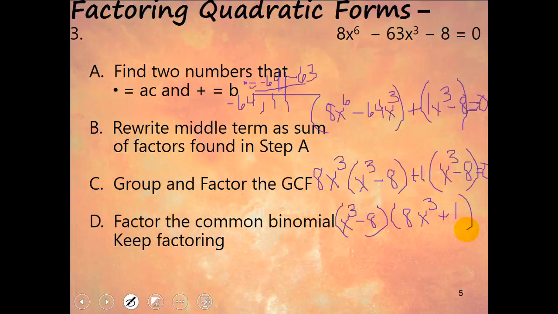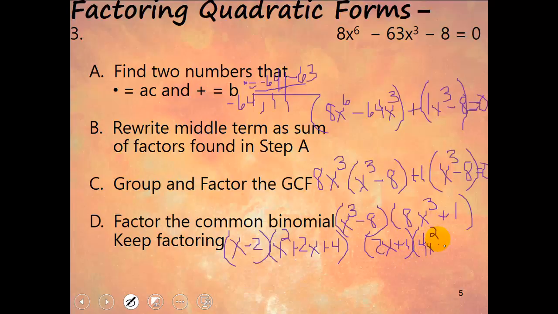All right, now I'm going to keep going. This is the difference of perfect cubes. So I'm going to get x minus 2, and then I'm going to get x squared plus 2x plus 4. All right, and then this one is going to be 2x and a 1, so I get 2x plus 1, and then I'm going to get 4x squared minus 2x plus 1.